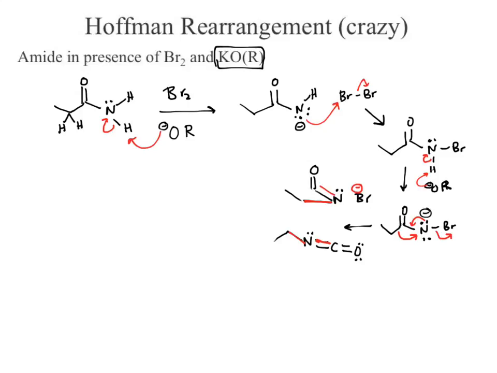Not particularly happy with that system. So it is now extremely electrophilic. So what can happen? When we go back into our solution, do we have a nucleophile? We still have OR minus floating around.